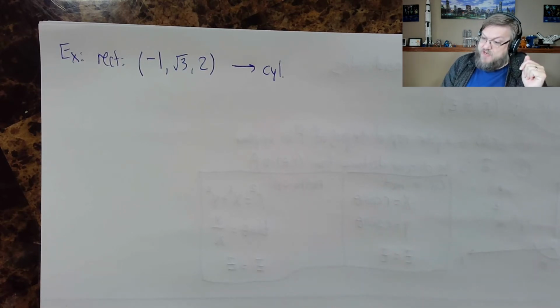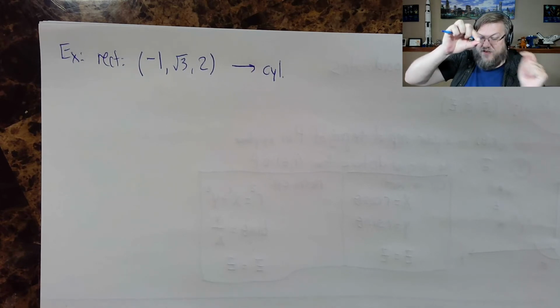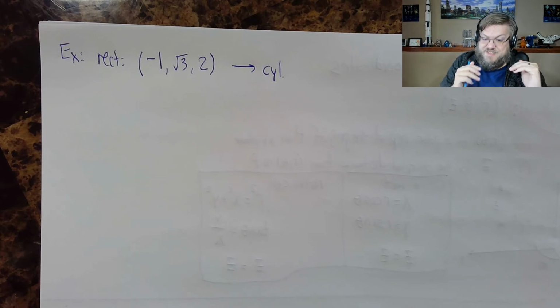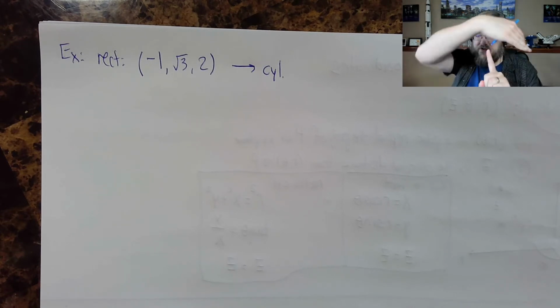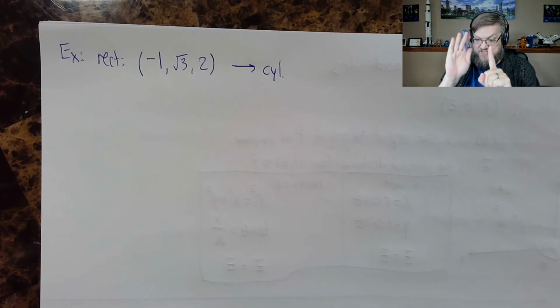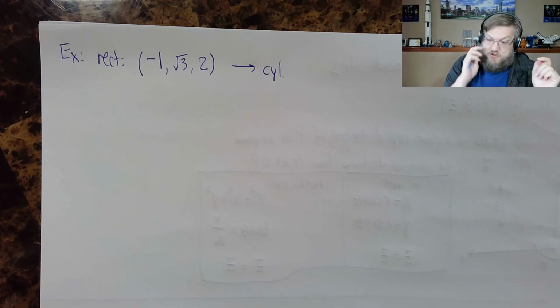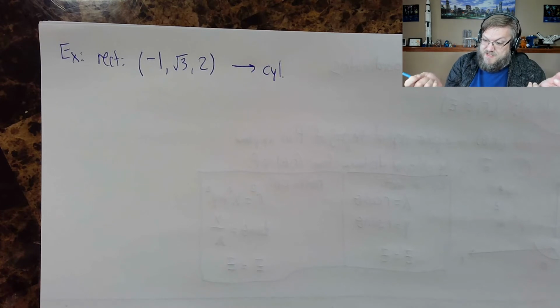Some consider that a weakness of cylindrical coordinates. Why should this point in space have more than one address? But it's so helpful in simplifying things that rotate around an axis, in other words, a cylinder. It's so helpful for those situations that we'll take the hit that it's not unique and just deal with that.